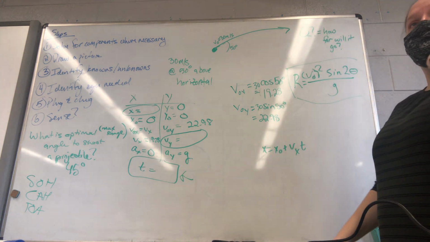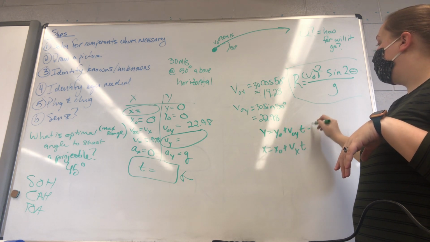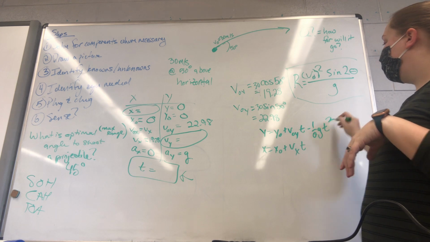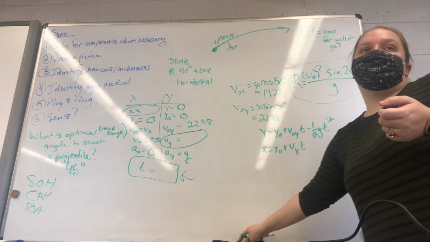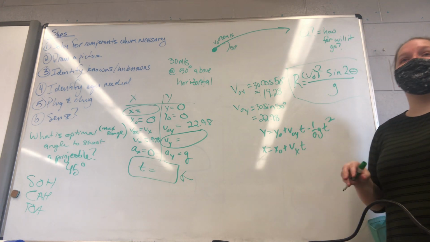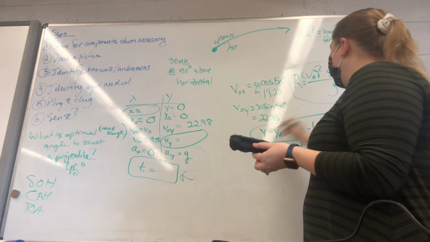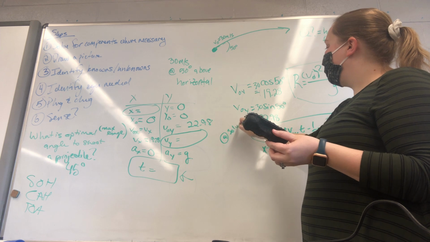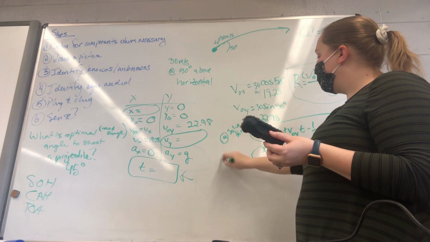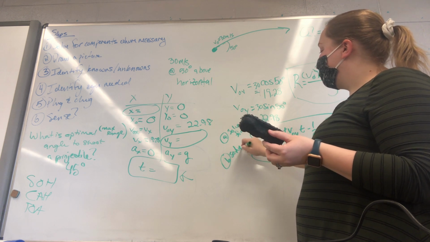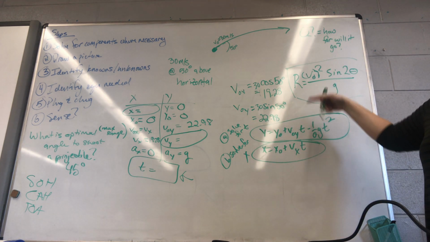So let's look at our y formulas and realize that we're going to have to use this one. But here's the good news. It's not going to be a quadratic. So we're going to solve this for time, and then we're going to solve this for x. And then we'll use the shortcut formula just to prove to ourselves that our answer is correct.